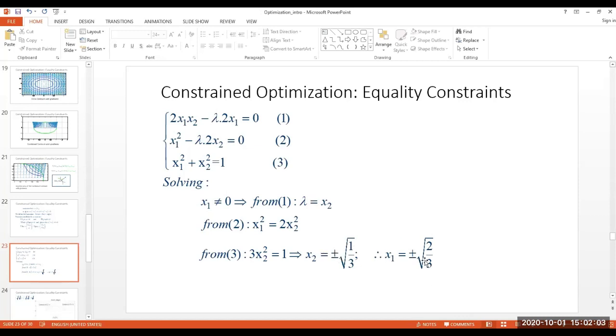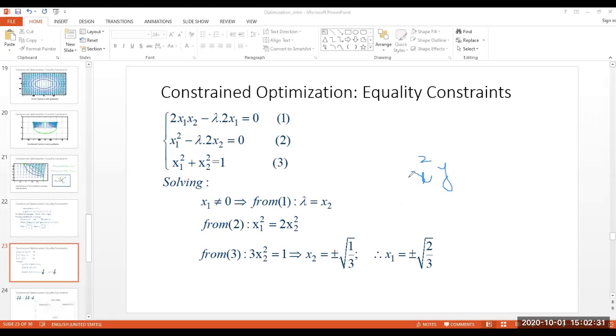Now remember that our target is to maximize the function. So if I write my original expression here, let's check which of the solutions should be accepted by us. I'm trying to maximize this.